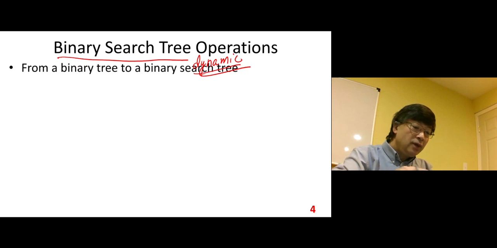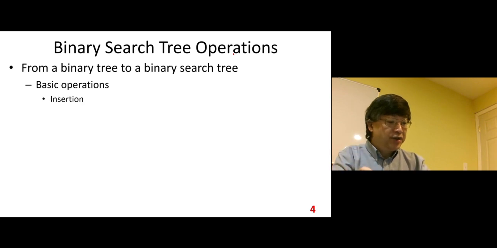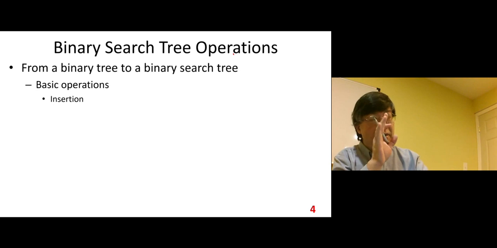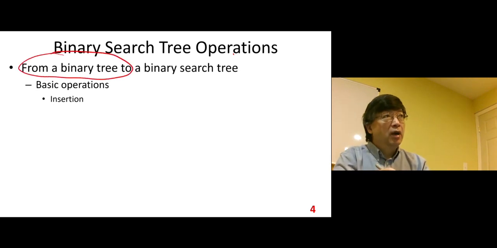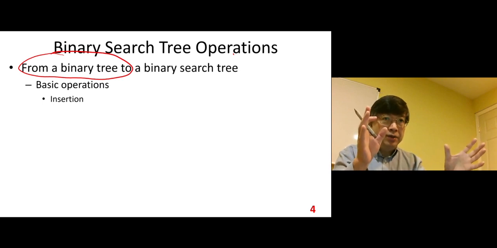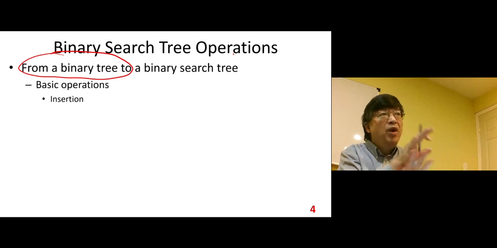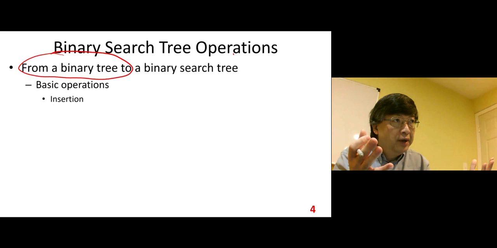All right. Look at the basic operations, from a binary search tree to a binary search tree. When we start, we have a binary search tree. Then when something happens, we need to do something, but when you do something, you may change the structure slightly.